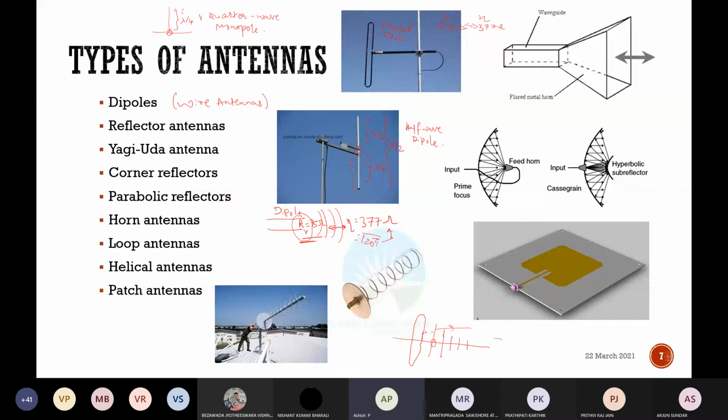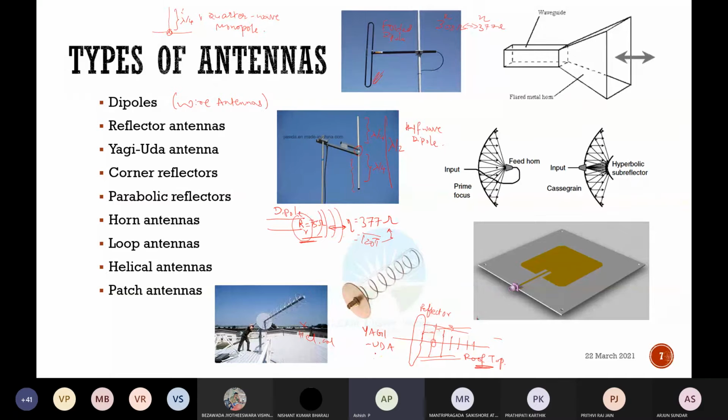Whatever backward radiation is there will fall on this reflector, which is this folded dipole, and it will again send this energy back in this direction. You might have seen this kind of arrangement, not this one, this is a helical antenna. This one you might have seen on many rooftops earlier when Doordarshan was there. We used to have this kind of antenna on every household. So this is called Yagi-Uda antenna, very famous.